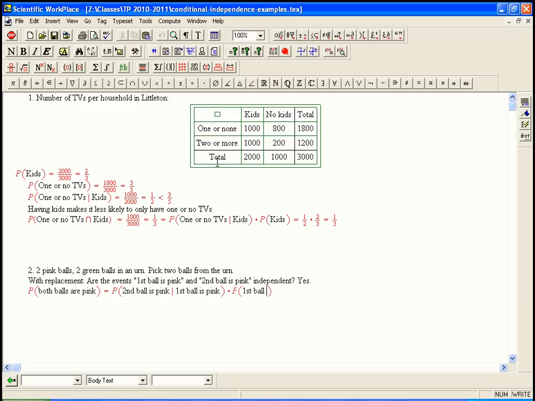That's always a law you can use: the probability of B is the probability of B given A times the probability of A. Very important law of probabilities. That's always true. And because they're independent, I don't need to tell you the first ball to calculate this conditional probability.